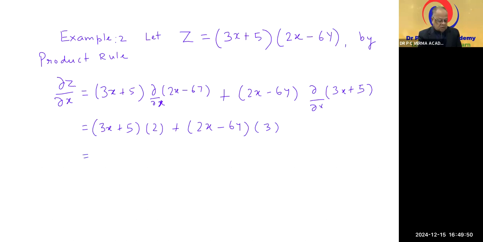See, what will happen? 6x plus 10 plus here 3 times 2x, 6x, minus 6 into 3, 18y. Finally, what will happen?